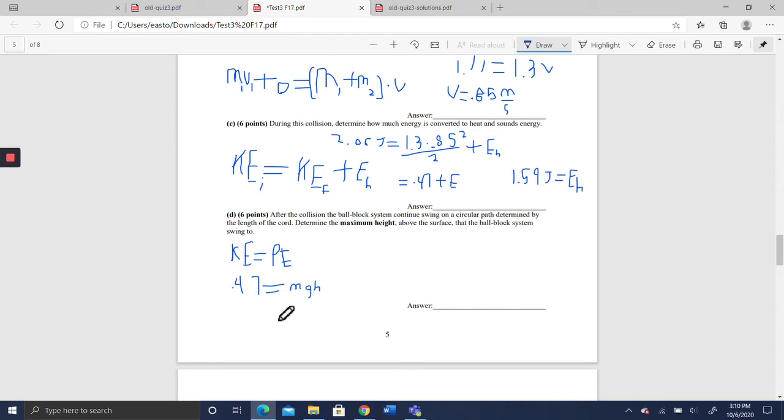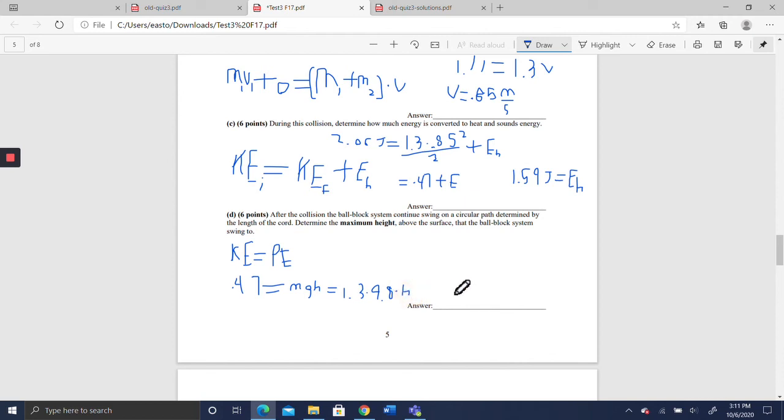So we have 1.3 times 9.8 times height. And then we just divide everything out.